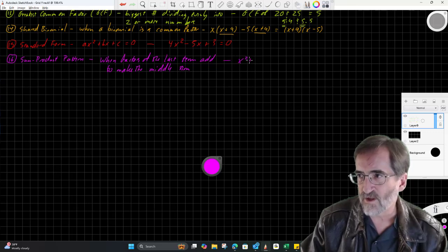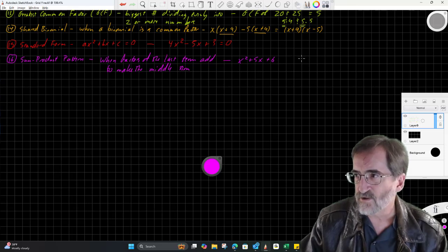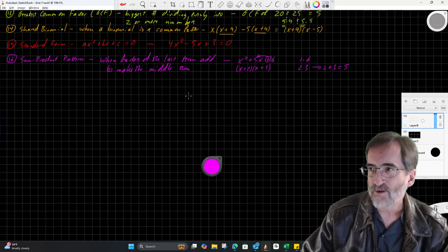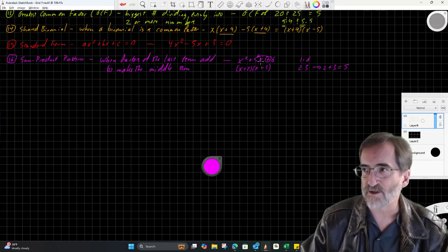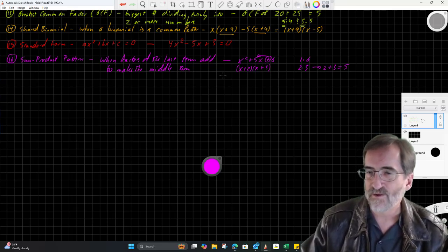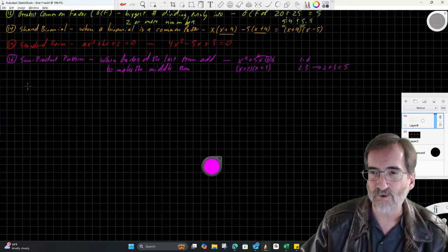X squared plus 5x plus 6. Factors of 6 are 1 times 6 and 2 times 3. But 2 and 3 add to make 5, so this factors to be x plus 2, x plus 3. 2 times 3 is 6, and 2 plus 3 is 5. Sum product pattern.